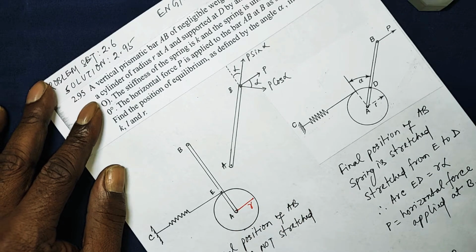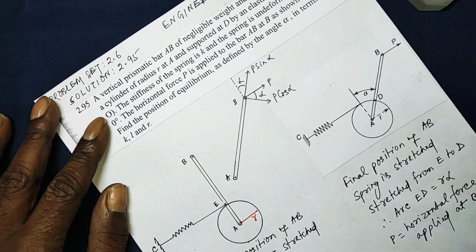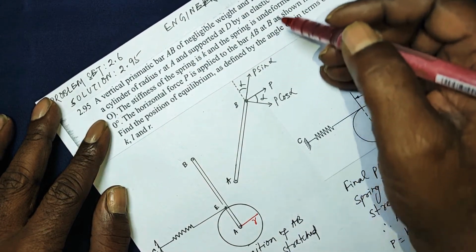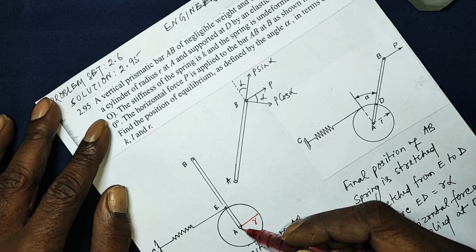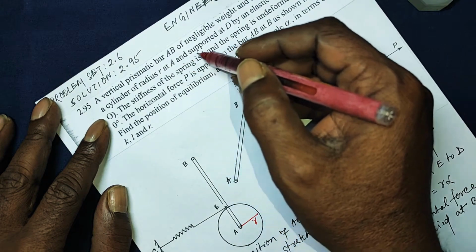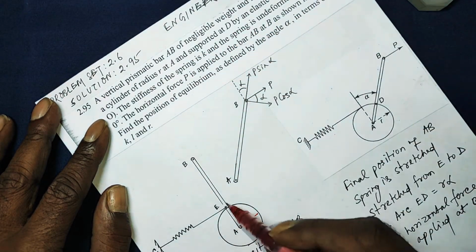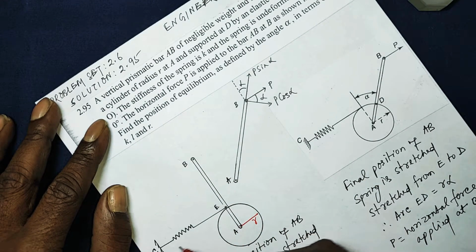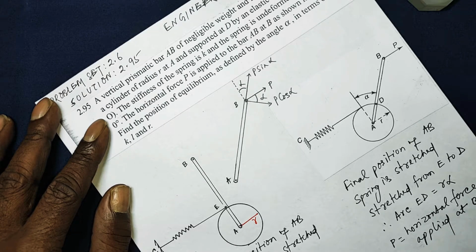This is the initial position. Hinged at A, radius R at A, and supported at D. This prismatic bar is supported at D by an elastic spring. This is the initial position of the prismatic bar.